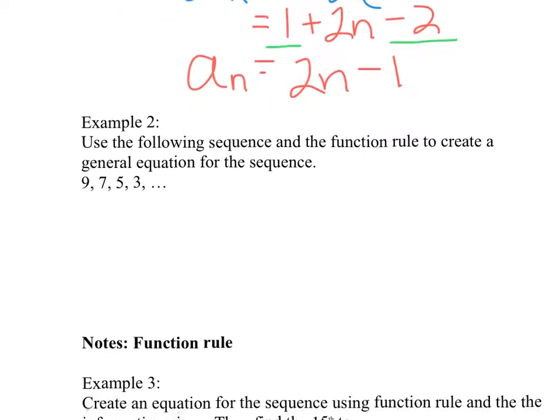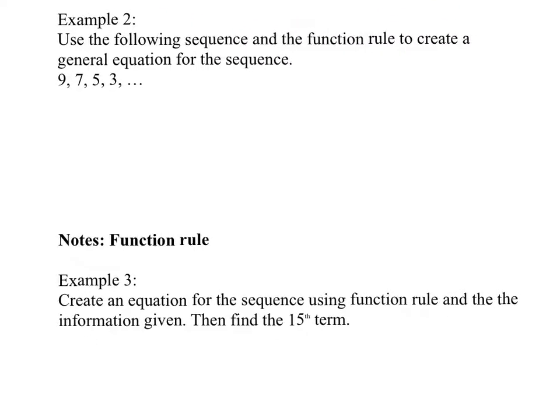So if we move to example number 2, we're going to use the following sequence and the function rule to create a general equation for the sequence: 9, 7, 5, 3, and so on. First, we need to find our A sub 1, which is always our first term in the sequence. In this case, it's 9.